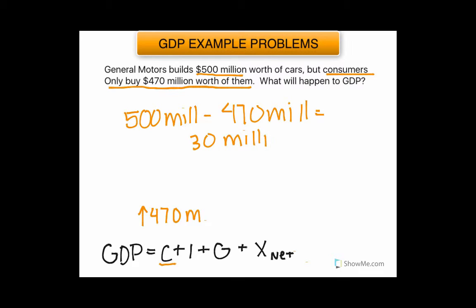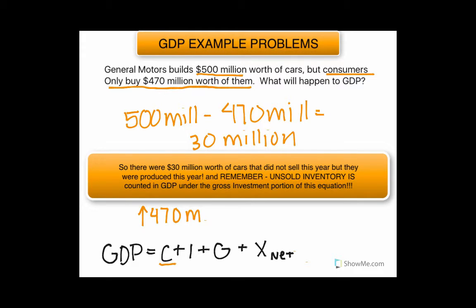They were left over with $30 million worth of cars that they produced in this year. And so because they produced them in this year, but no one bought them, we still include them in GDP. We just don't include them under consumption. We instead include them under investment because our gross investment includes our unsold inventory for this year. So $30 million of those cars went unsold.